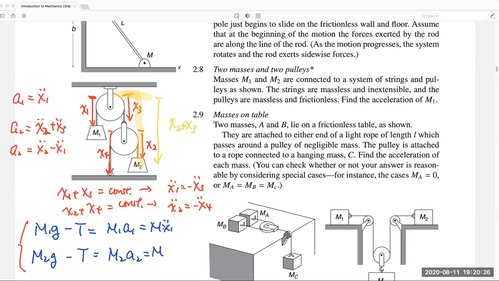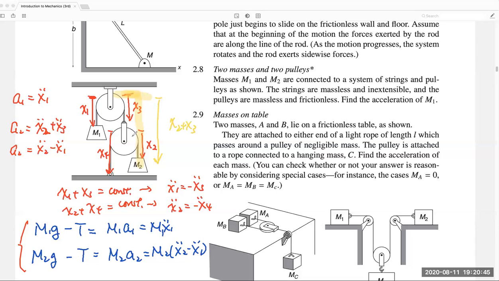Do you notice any mistake in this equation about the tension? Is it like they're not necessarily equal? Actually, they are not equal.